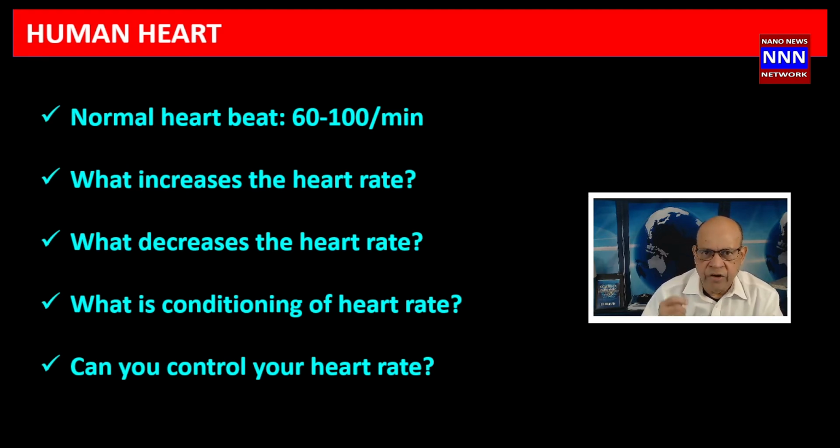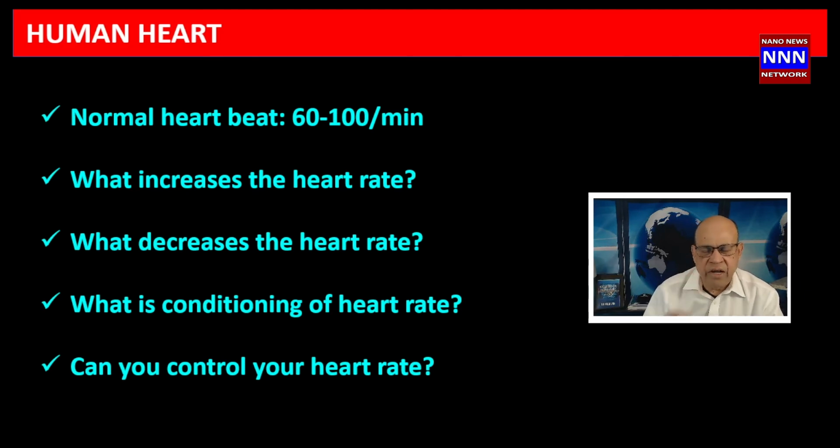As a result, the body adapts itself to this mechanism whereby the heart rate is not jumping immediately when you get on the treadmill. And as you exercise over and over again, the body gets conditioned so that the heart rate response is going to be much less after 6 months of training compared to when you started.